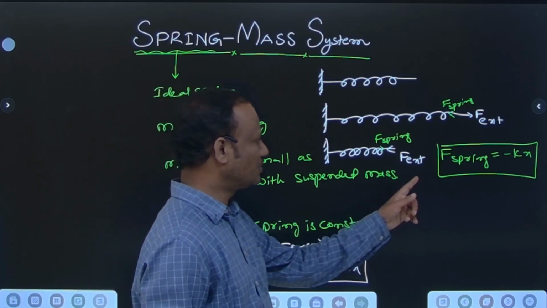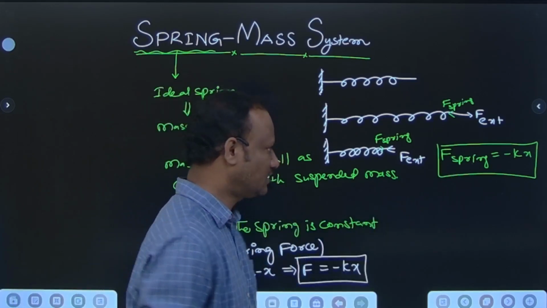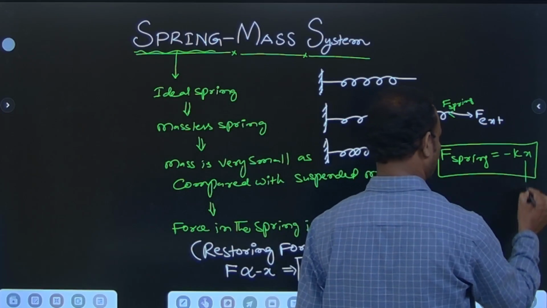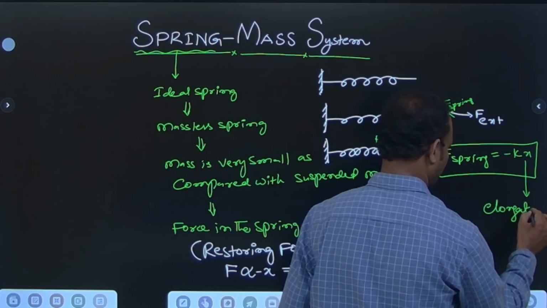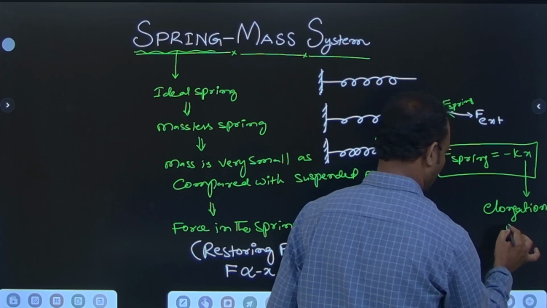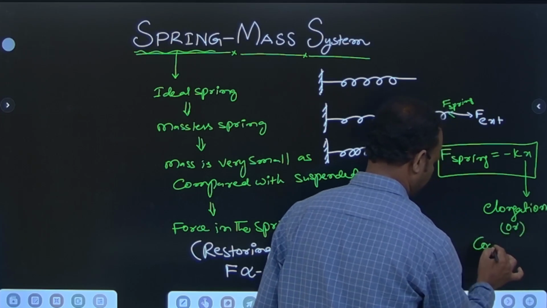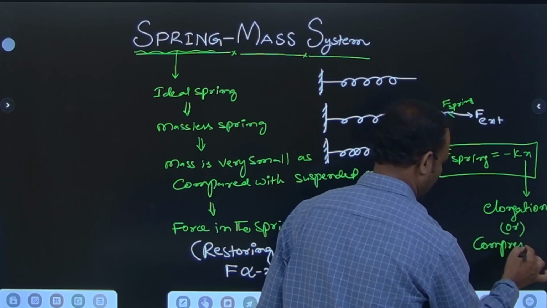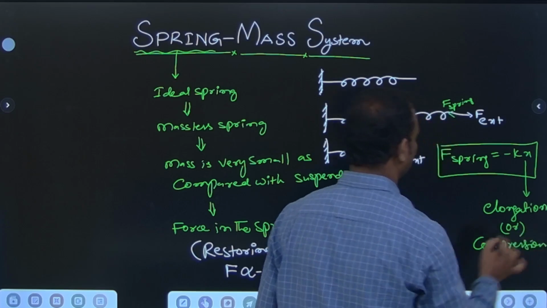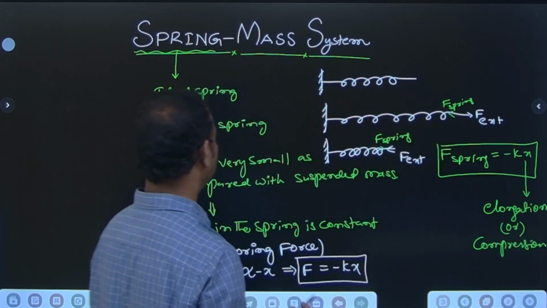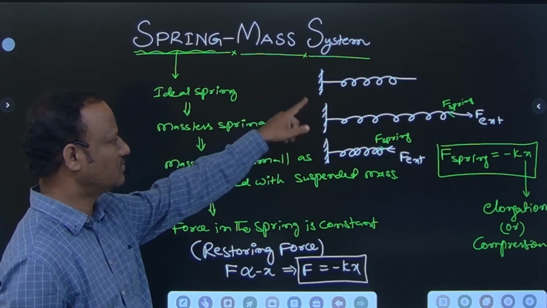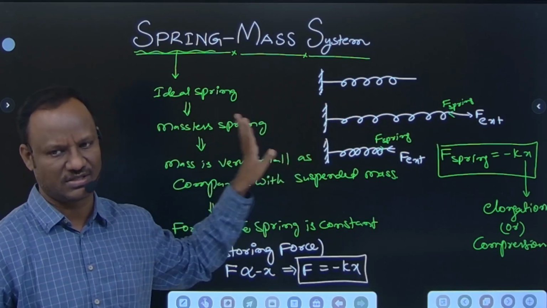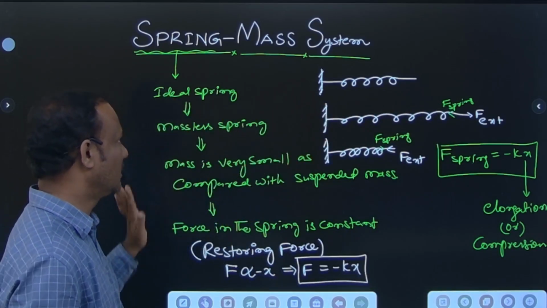So the spring force is equal to minus kx, where x is either the elongation or the compression. For an ideal spring, the spring force is constant everywhere.